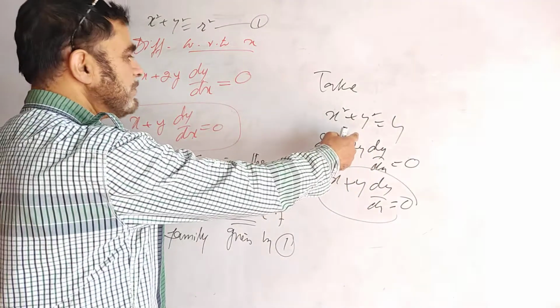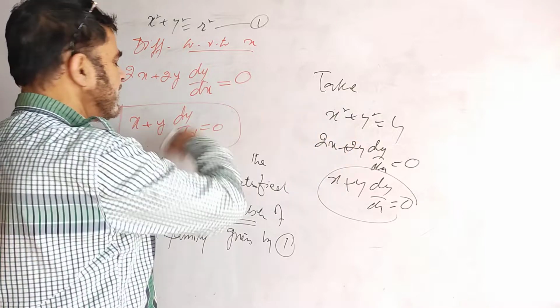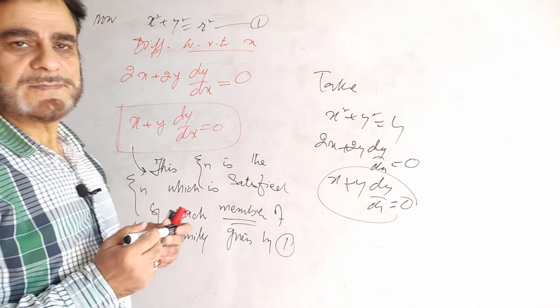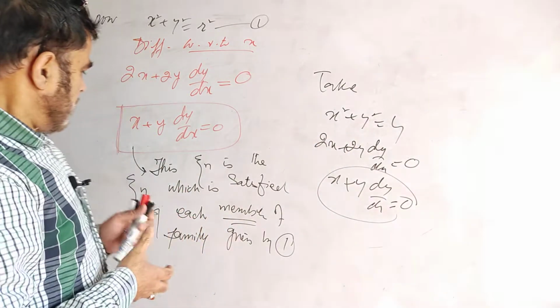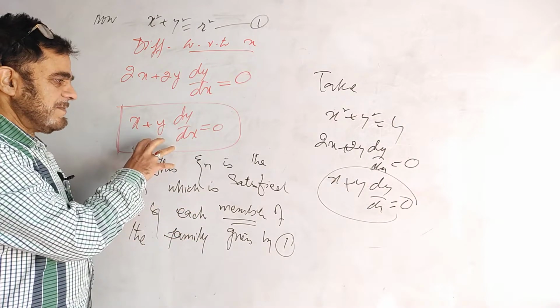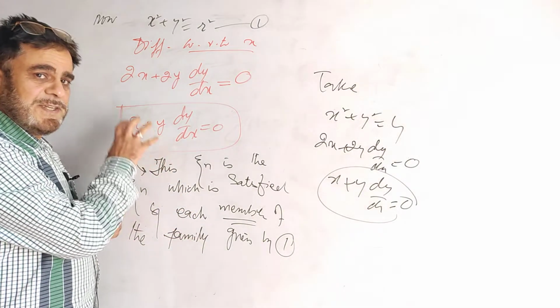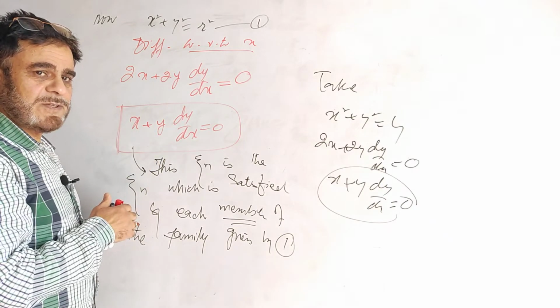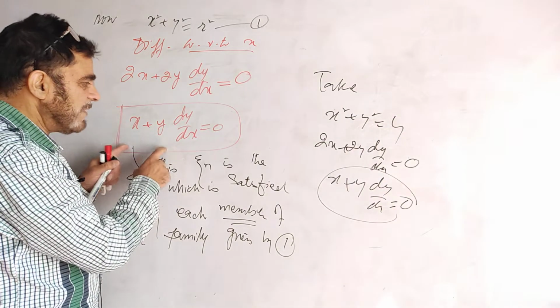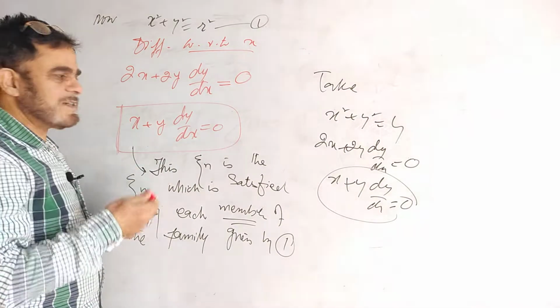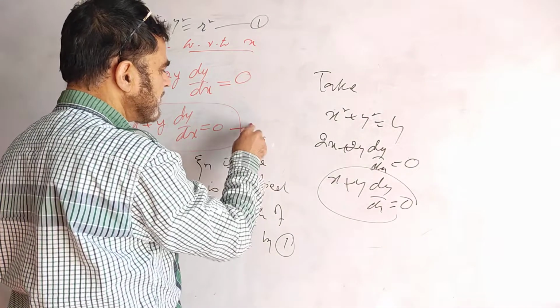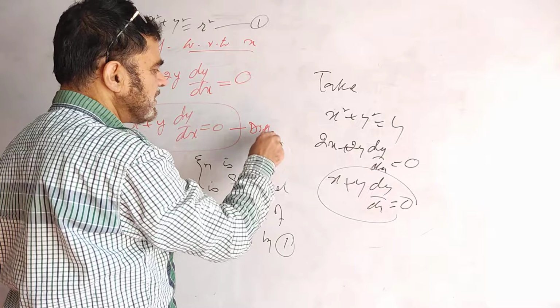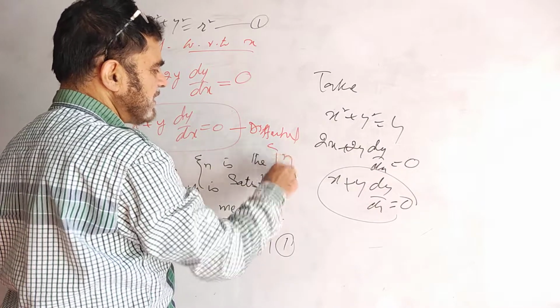Now this is the equation which is satisfied by each member of the family given by x square plus y square is equal to r square. I will now give this a name. This is the differential equation.